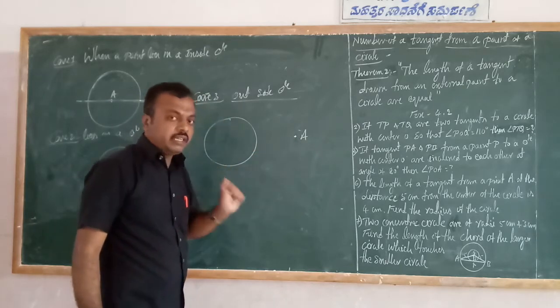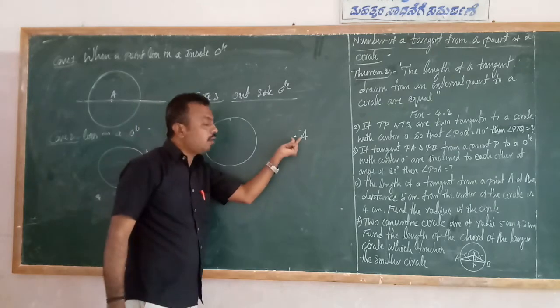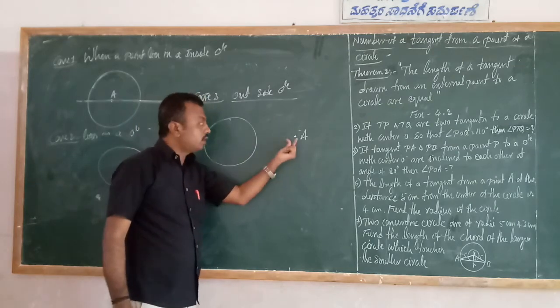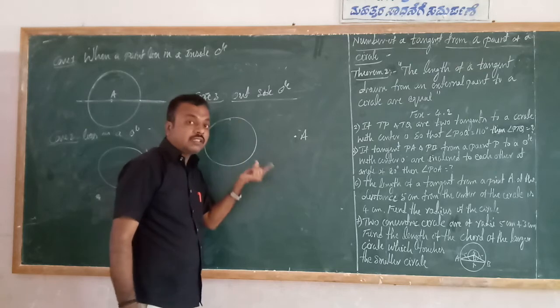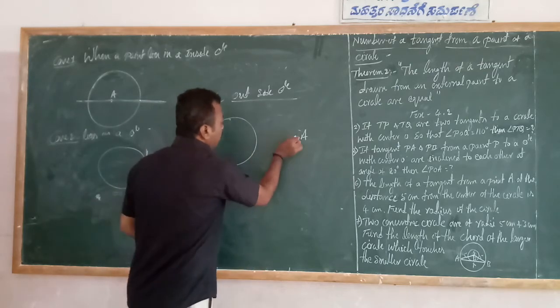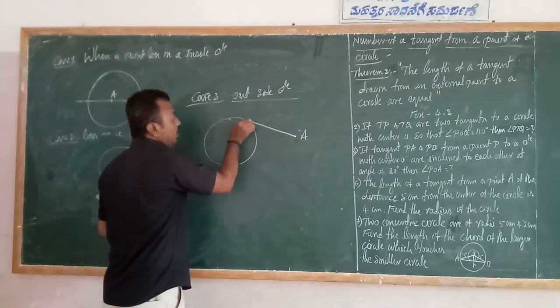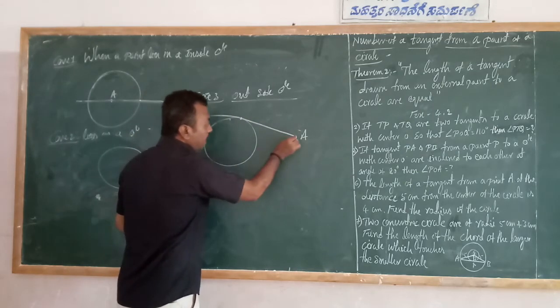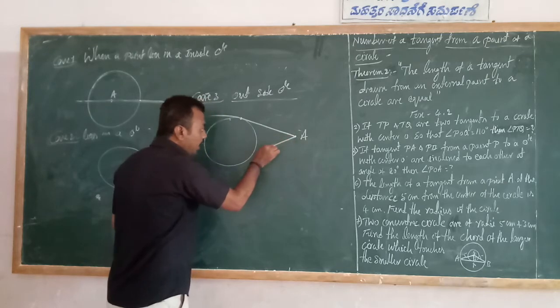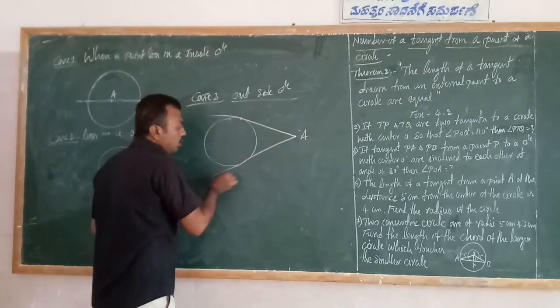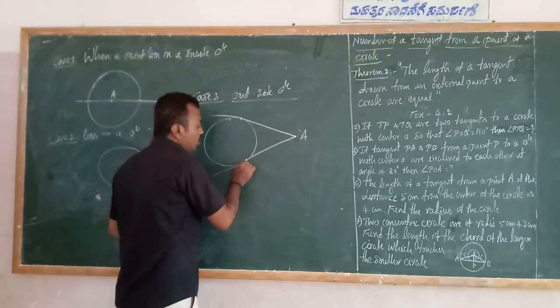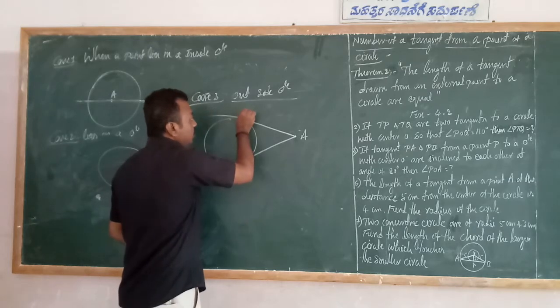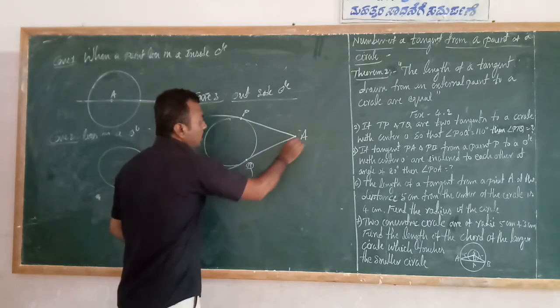How many tangents can I draw from the external point to a circle? Very simple, students. I am drawing here. So this is one of the tangents. This is the point of contact, and from the same point I will draw another tangent. So this is also a point of contact. This is P, this is Q, and this is A.